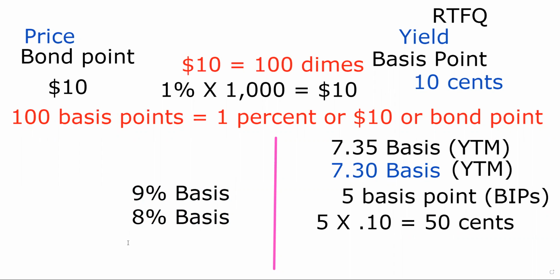As we said, 1% would be 100 in terms of yield, 100 BIPs. So we would say that's 100 basis points difference, and that's how we would refer to that in the bond business. We wouldn't refer to that as 1%, but that's what that is.